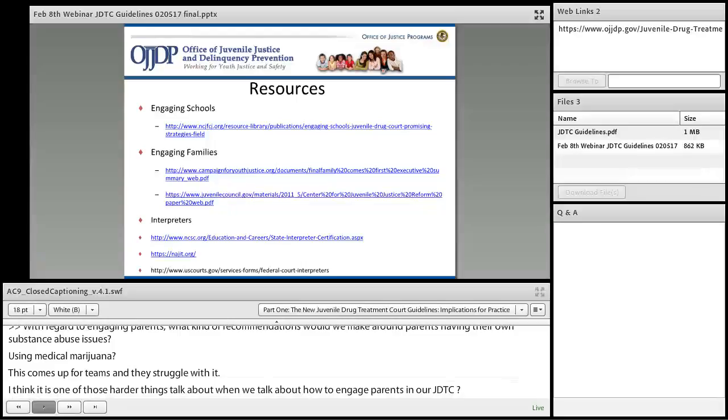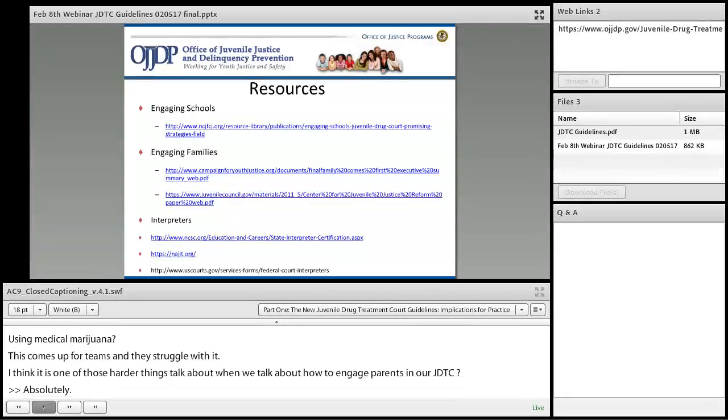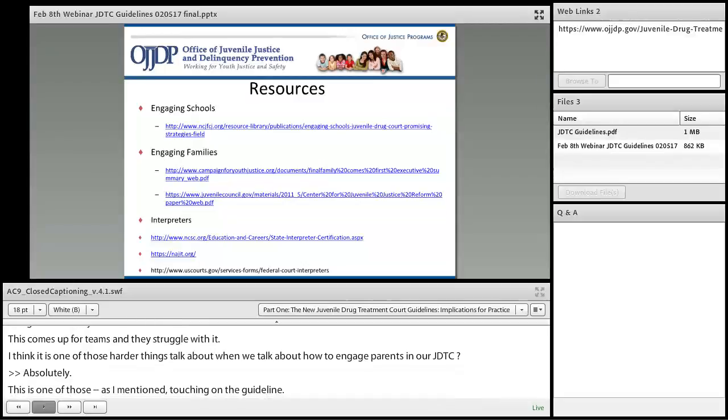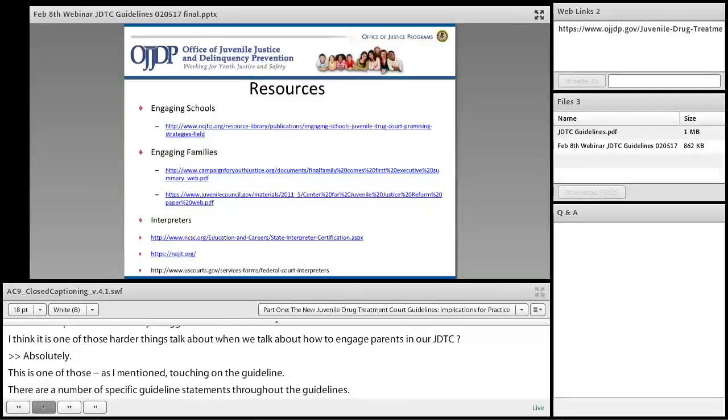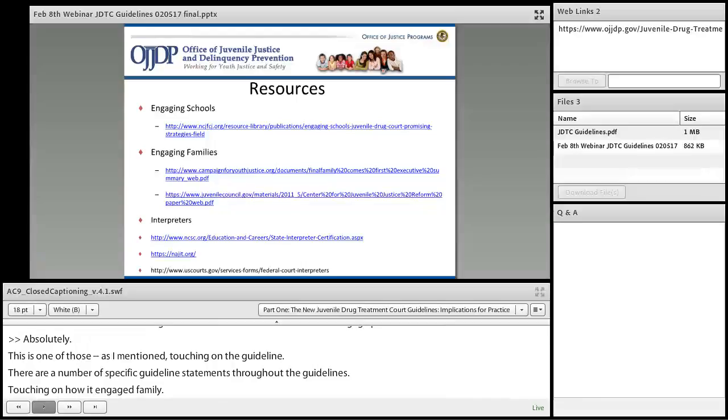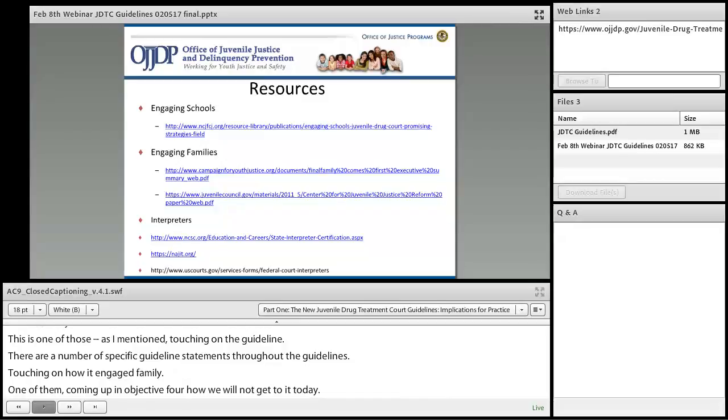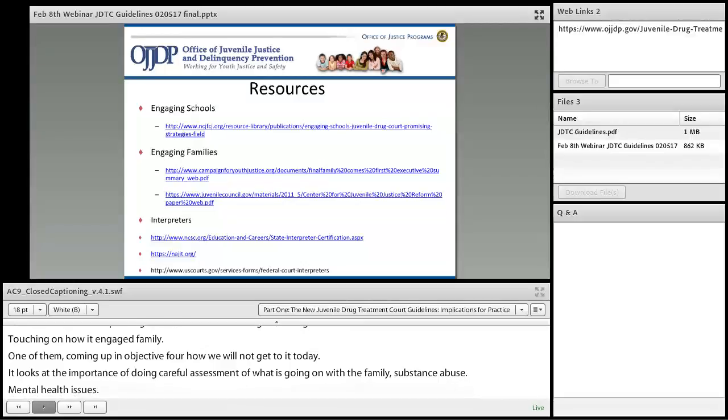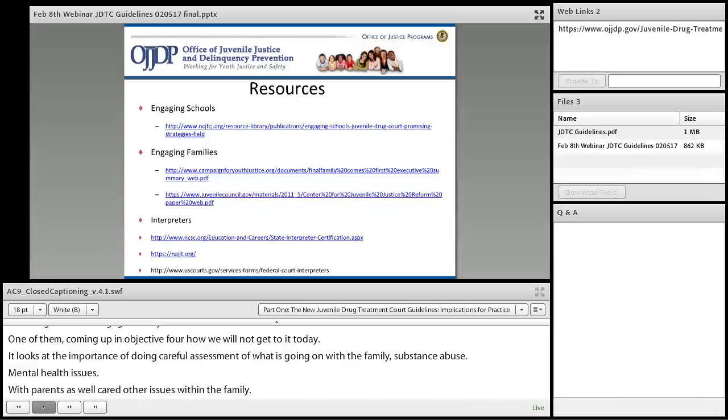There are a number of specific guideline statements throughout the guidelines that touch on how we engage the family, and one of them coming up in Objective 4, so we won't get to it today, looks at the importance of doing careful assessment of what's going on with the families: the parent substance use, the mental health issues with the parents, other issues in the family, and then also providing connections to treatment resources where they're needed, so that it's also about helping the family be a healthier environment for the young person as well.